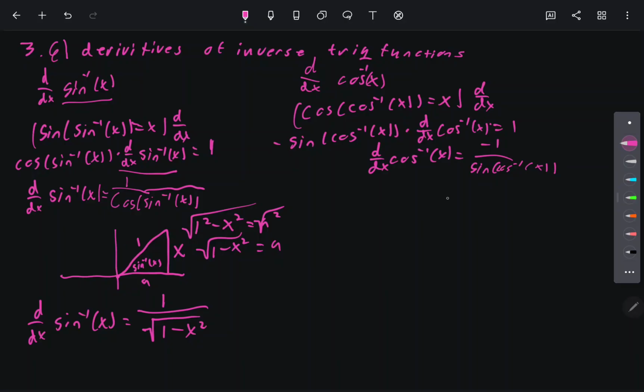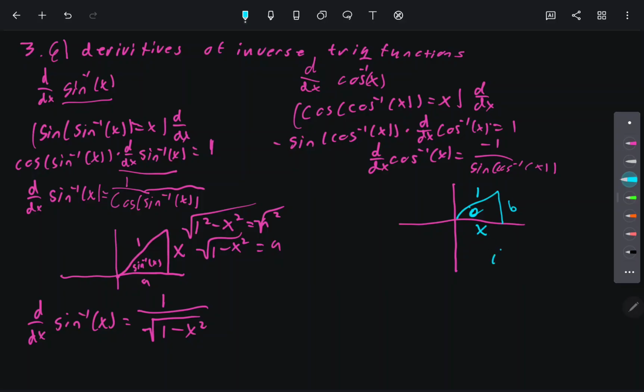Well, once again, we bring out our triangle. Oh, I should probably use a different color for this. So, what's cosine? Let's say this is cosine of theta. If cosine of theta is equal to x, well, then that means that it must have an adjacent of x and a hypotenuse of 1. So now all we need to do is solve for this missing side length. Let's call it b.